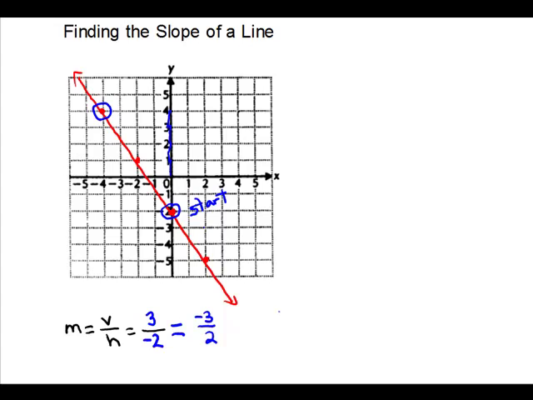That would be vertical change. It will be positive 6. Then we'll have to go to the left 1, 2, 3, 4 spaces. Going to the left is negative. And we could reduce these. They have a common factor of 2. 2 will go into 6 3 times, and 2 will go into 4 2 times.